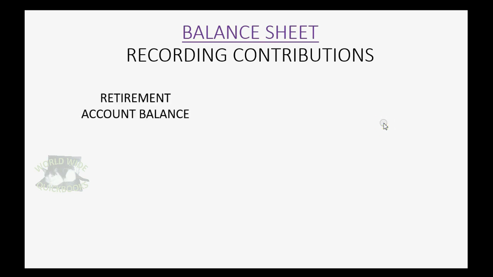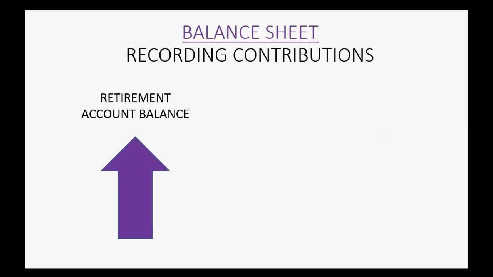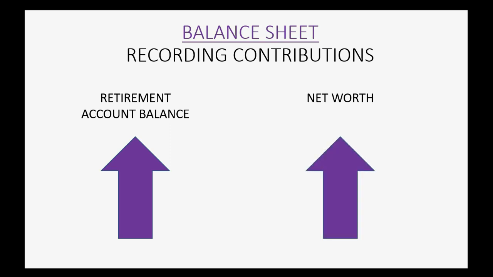We now have to record that same transaction again for its effect on the balance sheet. The retirement account balance goes up for the money that you just put in the account, and the net worth also goes up. So watch how we record that.